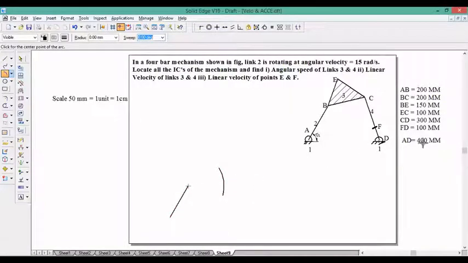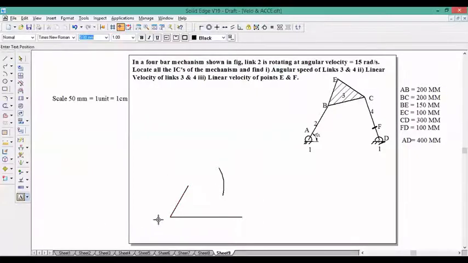Then AD is given as 400 millimeters. 400 millimeters divided by 50 is an 8 centimeter line. So let us draw a horizontal 8 centimeter line. Now this point is A and this point is D. This point is B. To locate C, the CD distance is given as 300.